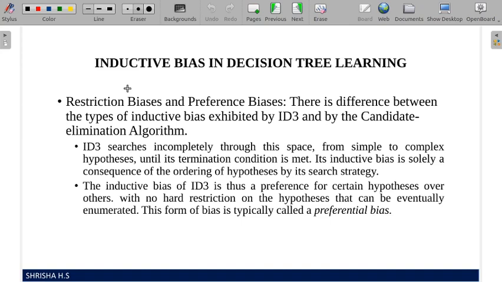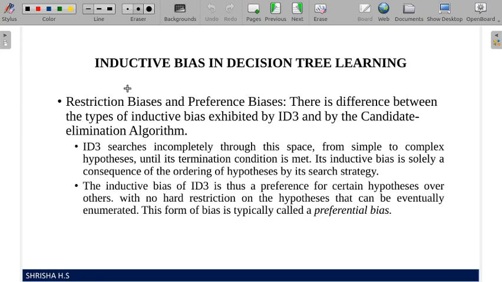Along with that, the second point: the inductive bias of ID3 is thus a preference for certain hypotheses. We give preference to shorter trees, so it is called a preferential bias. It is a preference for certain hypotheses over others, with no hard restriction on the hypotheses that can eventually be enumerated.